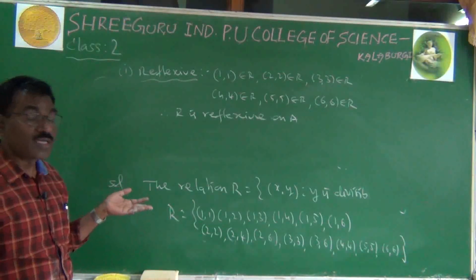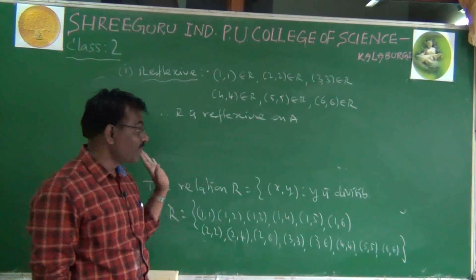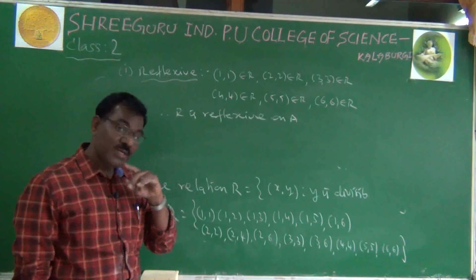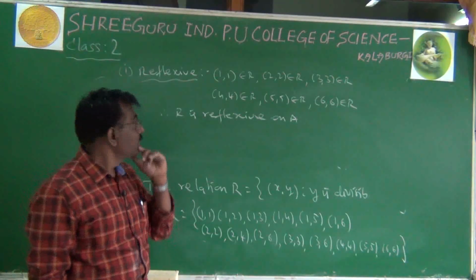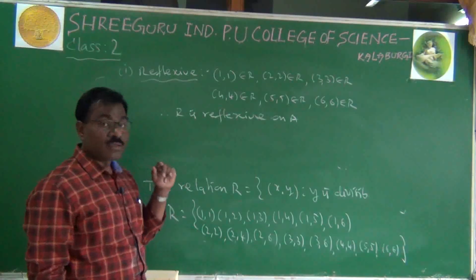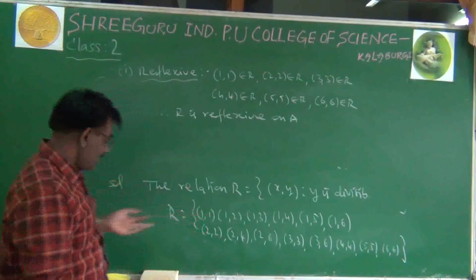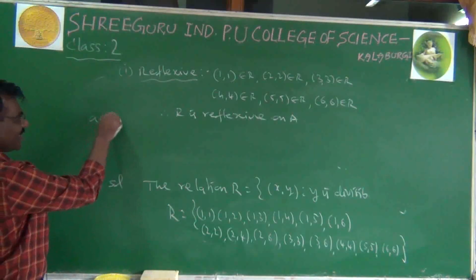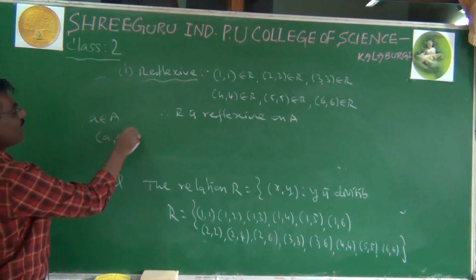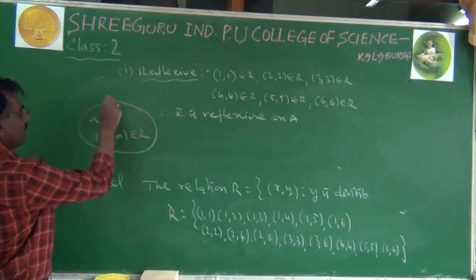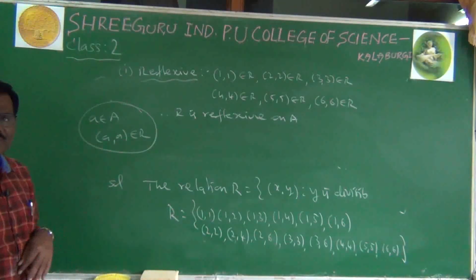Reflexive: every element of the set is related to itself. Generally, how do we write reflexivity? For a belongs to set A, (a, a) belongs to R. It is very simple.